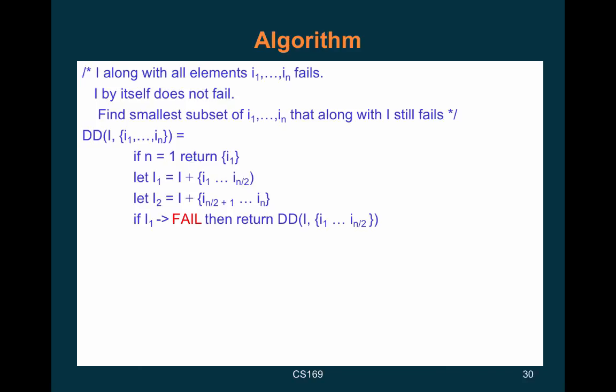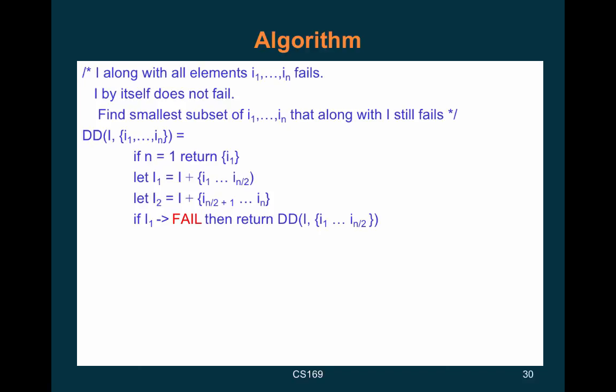If I1 fails, then we know that something from the first half of I1 to IN is needed, along with something from I. So we invoke delta debugging recursively on I and I1 to IN over 2. Okay? It's important at this point to verify that the invariant holds.